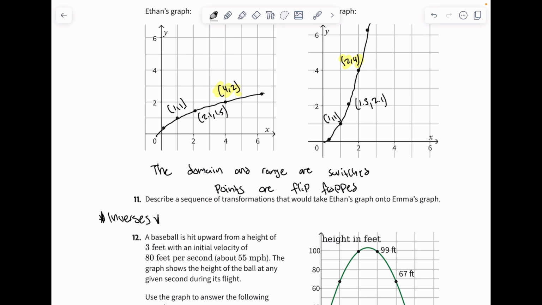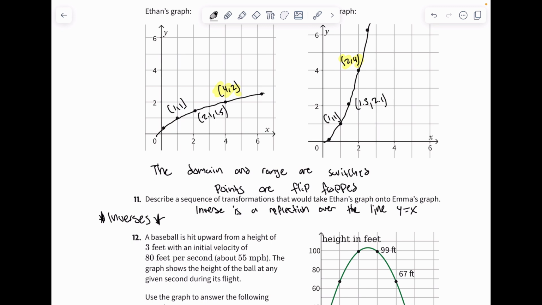Now it's important to make the connection that an inverse function is a reflection over the line y equals x.